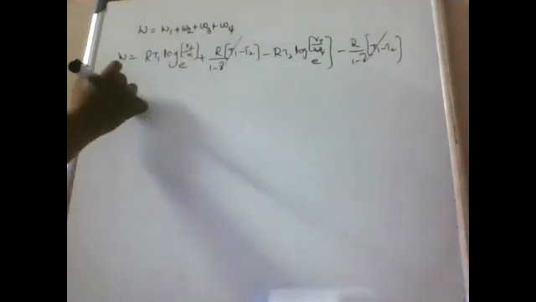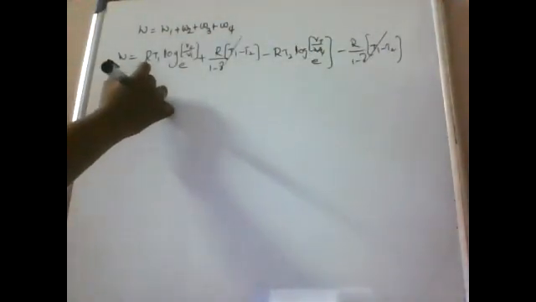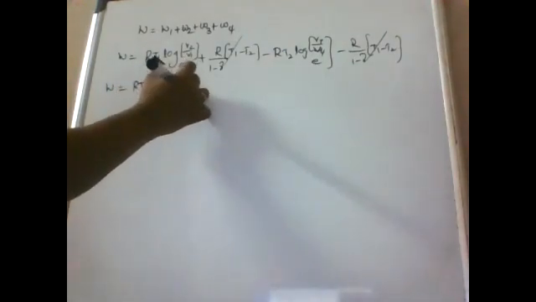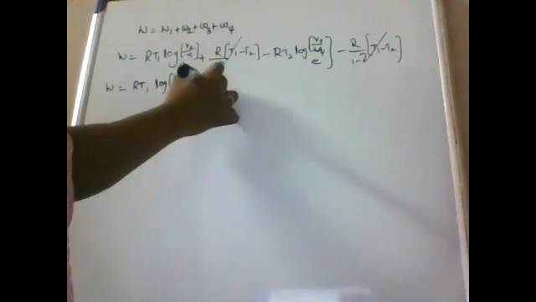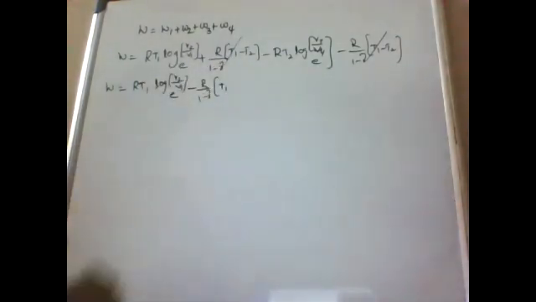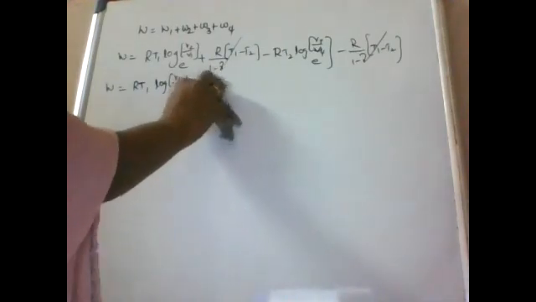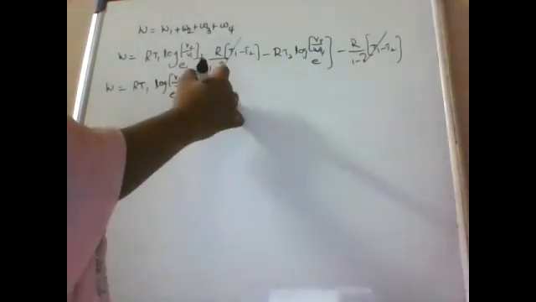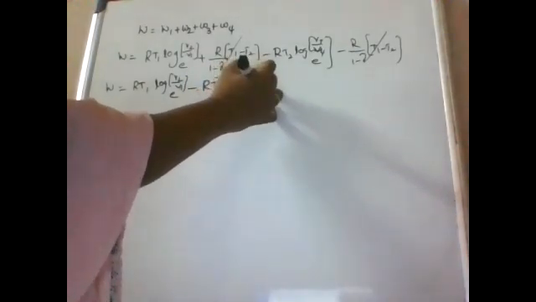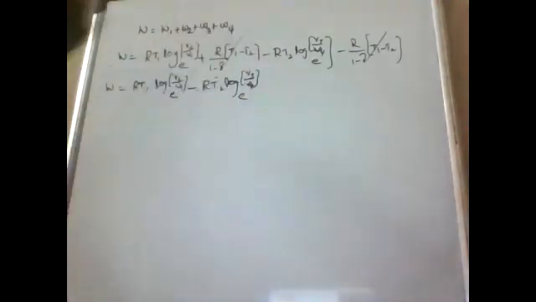These two values are the same, one positive and one negative, so both get cancelled. W equals RT1 log V2 by V1 base e, minus RT2 log V3 by V4 base e.